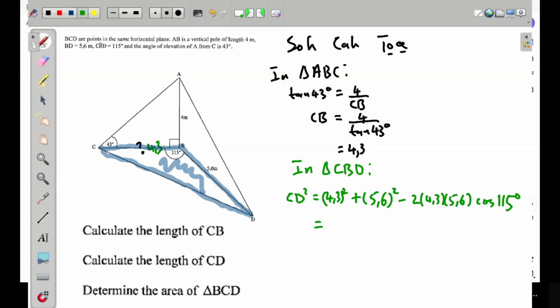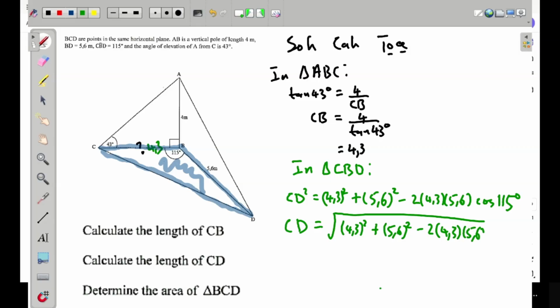Now, we just plug and play into the calculator. And to avoid the error of rounding, I would suggest that you as well take the square root. CD is going to be the square root of this whole thing. So, for improved accuracy, you may just want to do this.